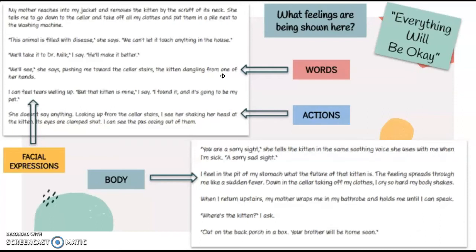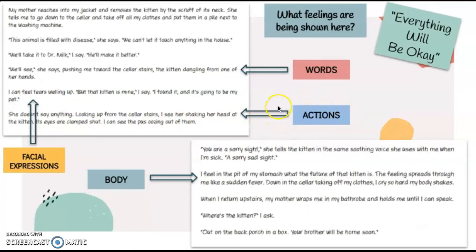It makes us think that she doesn't value it very much, whereas he does. So maybe he's disgusted with his mom at that point. Now, look at the next segment. Here we're talking about facial expressions. What emotion would this detail tell us? I can feel tears welling up. That detail tells us that he's pretty close to crying, which would mean that he's very sad, right?